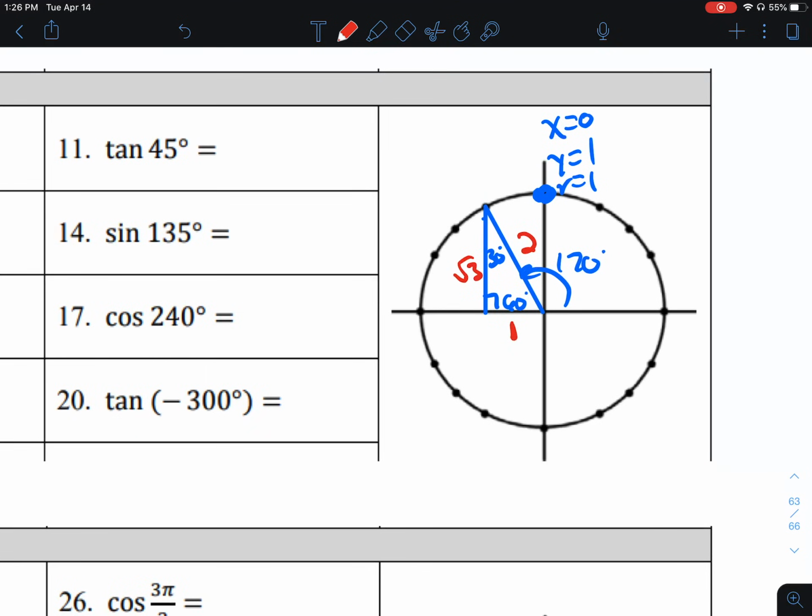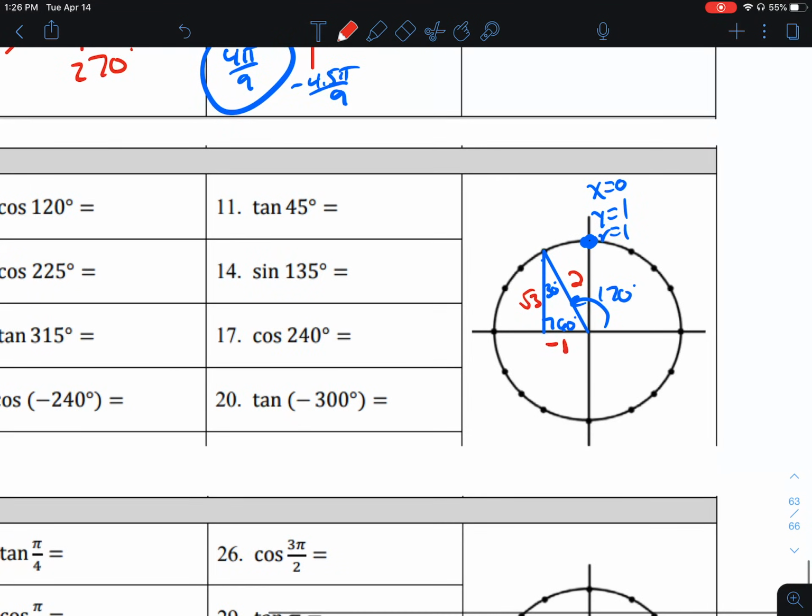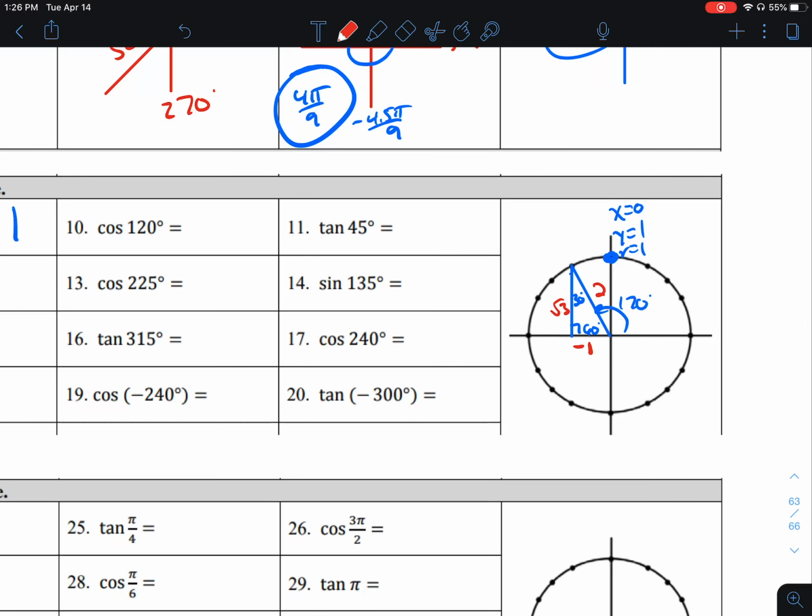Keep in mind that in quadrant 2, x is negative, so we got negative 1 for the x value. Cosine of 120 then is x over r, which is negative 1 over 2.